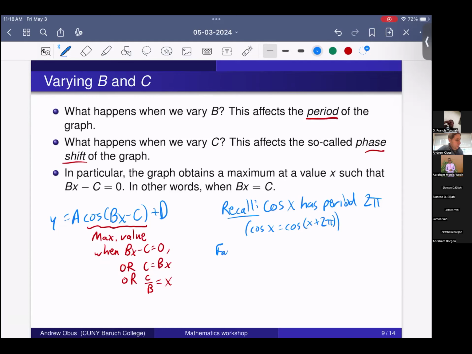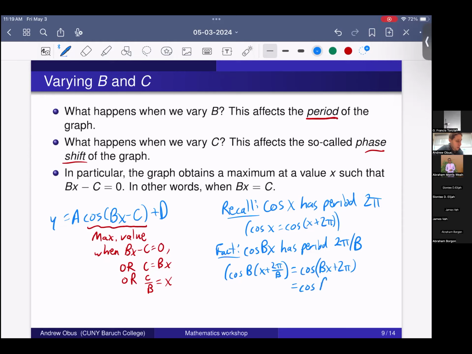So now the fact here is that cosine of bx has period 2 pi divided by b. And why is this true? Well, let's say I do cosine of bx, but instead of x, I add 2 pi over b. Then cosine of b times x plus 2 pi over b is equal to cosine of bx plus 2 pi when I put it all together, and we know that this is the same thing as cosine of bx.